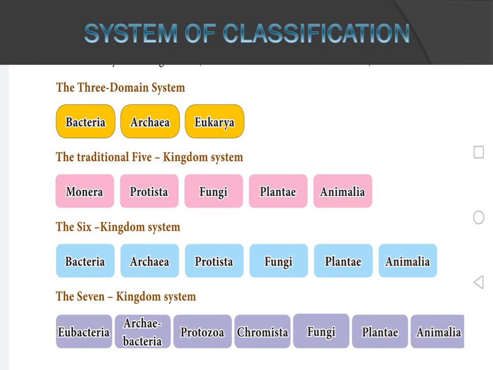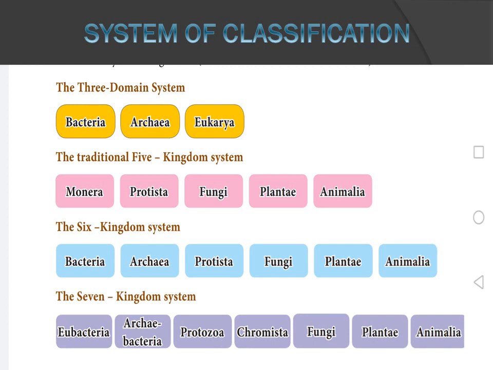Here he termed bacteria as eubacteria, the true bacteria, and archaea as archaeobacteria, and he classified the Protista into 2, that is Protozoa as well as Chromista. Chromista is the brown golden algae, right? And the rest comes as it is: fungi, plantae and animalia.